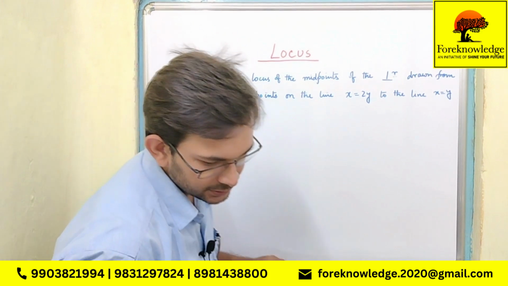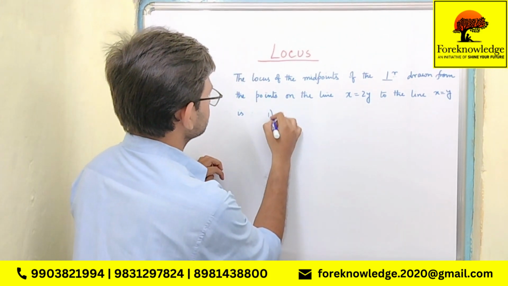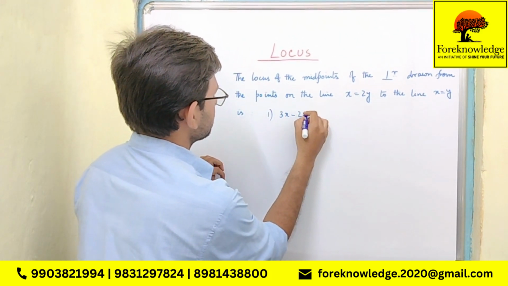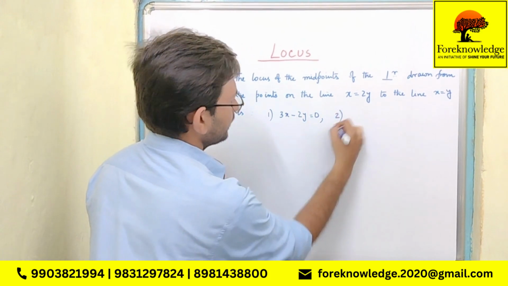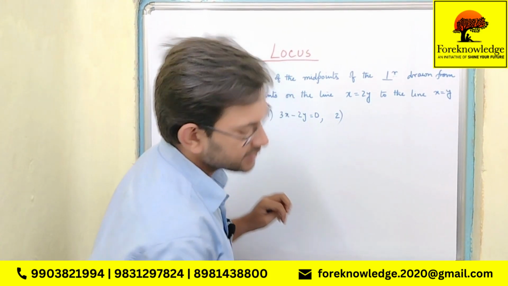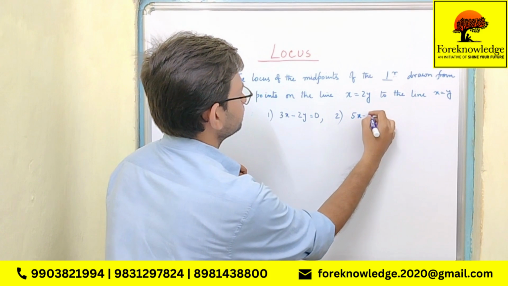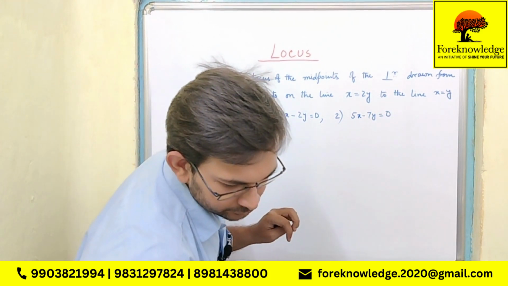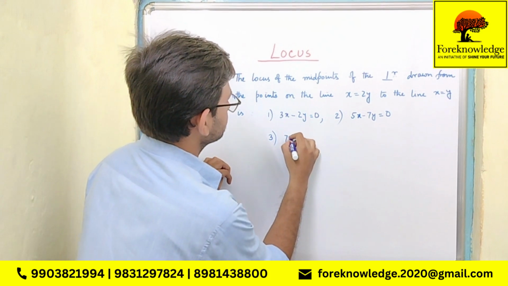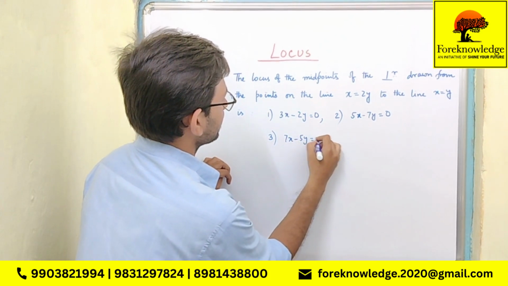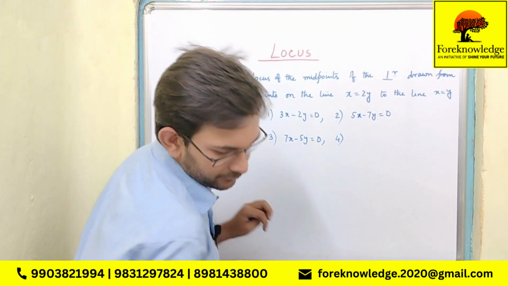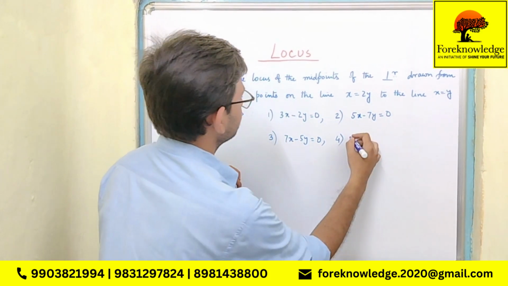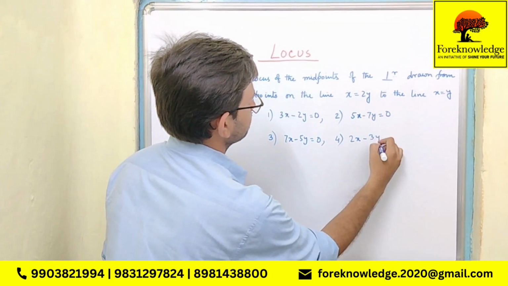There are four options: number 1 is 3x minus 2y equal to 0. Number 2 is 5x minus 7y equal to 0. Number 3 is 7x minus 5y equal to 0. Number 4 is 2x minus 3y equal to 0.